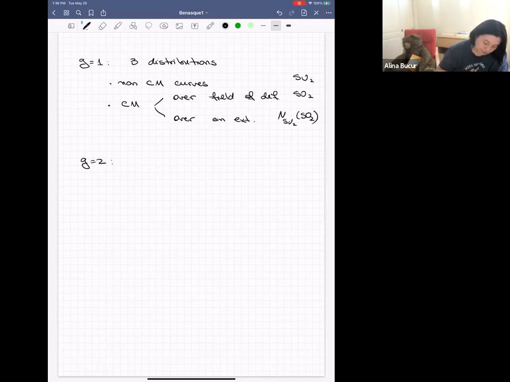For genus 2, I'm sure Drew or Kiran will correct me if I got this wrong. I think there are 52 total distributions over number fields in general, and 34 for curves over Q. And genus 3, they are working on it.